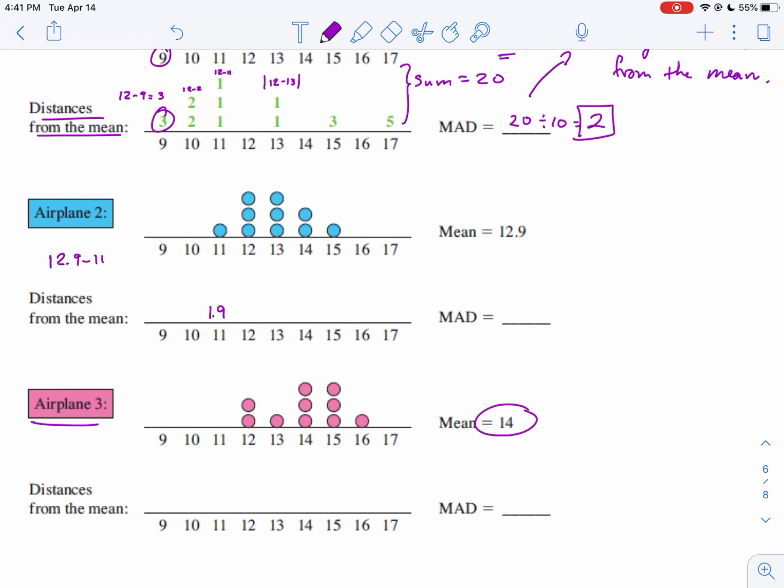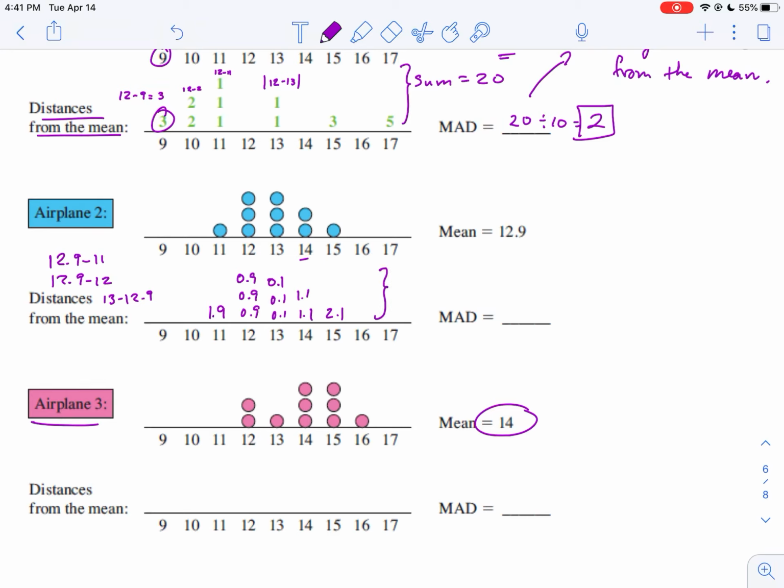And then I take the next value, 12.9 minus 12. That's 0.9 away. 13, I'm just going to switch it around. You could do absolute value bars if you wanted to, but I don't think most people want to. So we're going to get 0.1 3 times. 14 minus 12.9 is going to give me 1.1. And 15 is going to give me 2.1.